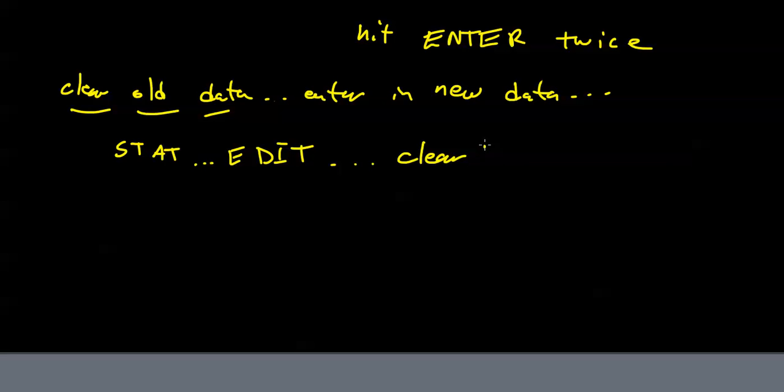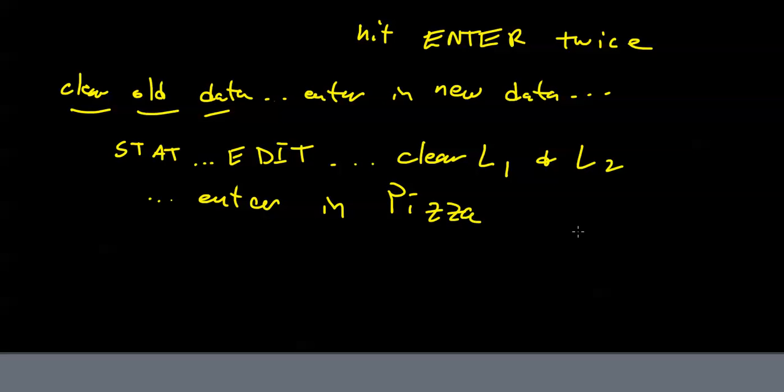And I'll ask us to clear L1 and L2. You'll recall how to do that. And enter in, well, we might as well go with the pizza data in L1 and the subway data given in the chapter problem into L2. Okay. Let me get a fresh screen here.